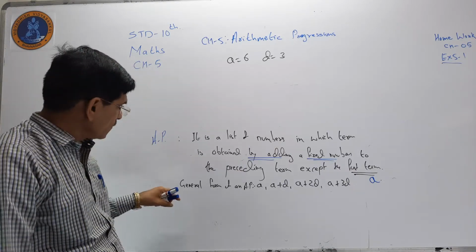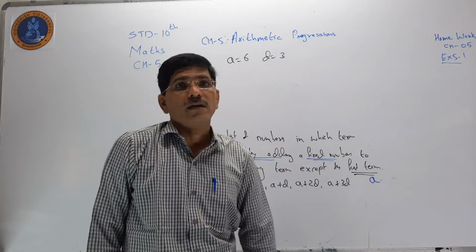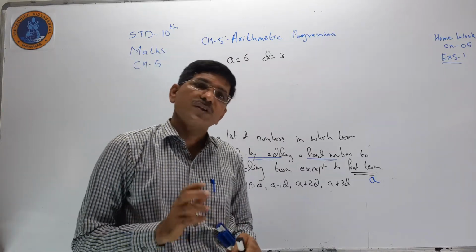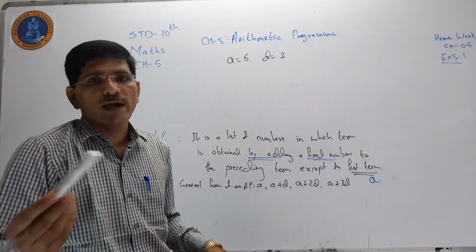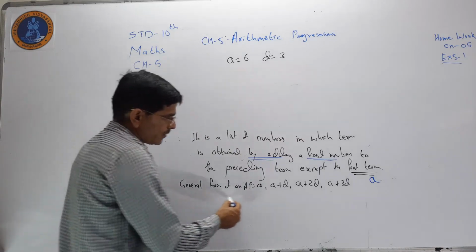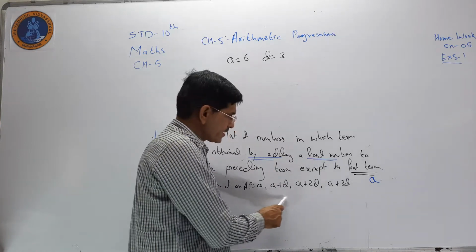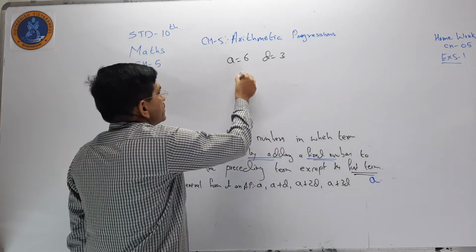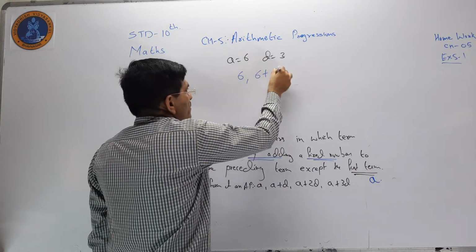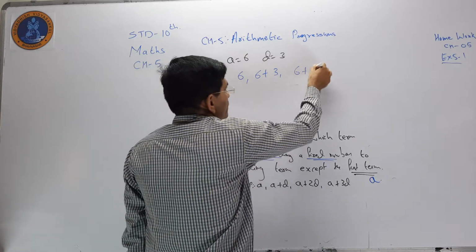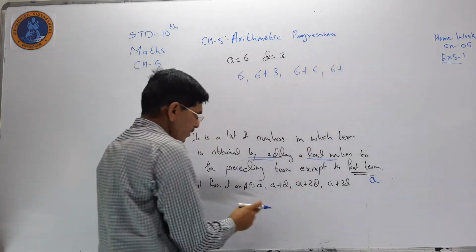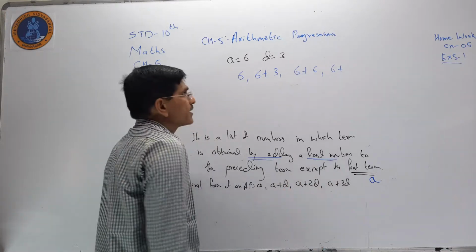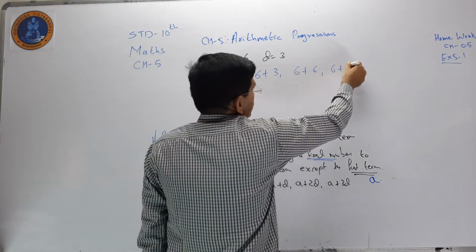Write the first 3 terms of the arithmetic progression. So where do we have to go? We have to go to the general form of arithmetic progression: a, a plus d, a plus 2d, a plus 3d. So the first term is 6. Afterwards 6 plus 3, 6 plus 6, and so on. Every time I add 3.